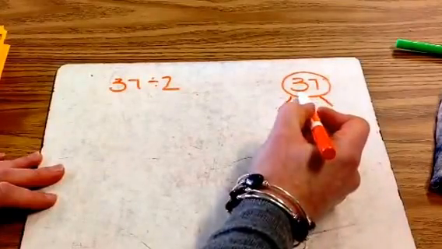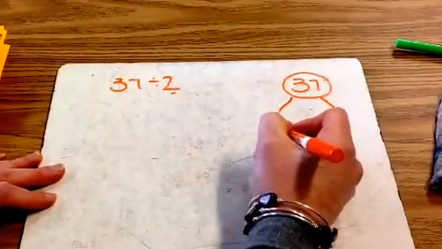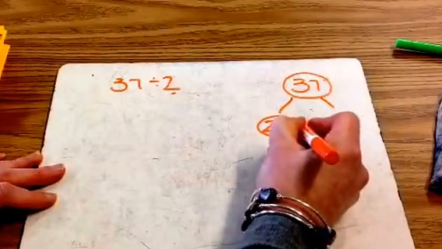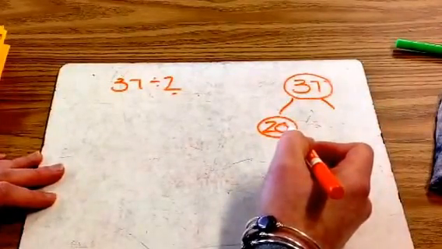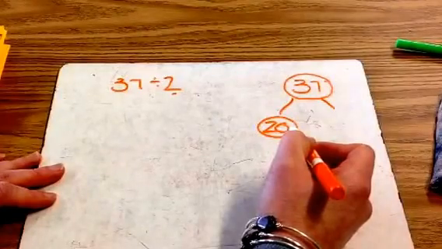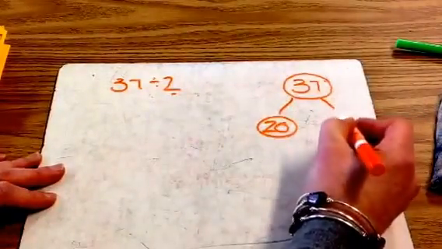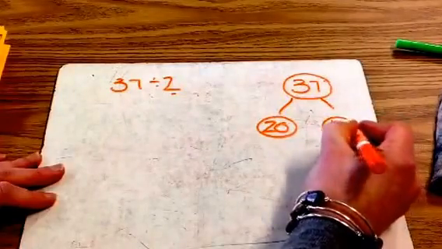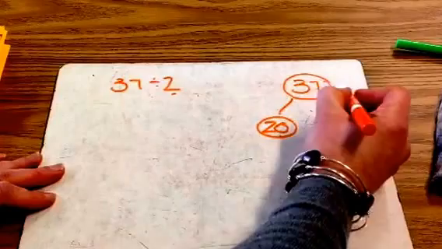Well, as I said, multiplying by 10, looking at your divisor is the easiest way to go. 2 times 10 is 20. What's left? Well, 37 take away 20 is 17. That doesn't work with 2. So I'm actually going to go one step back, which is 16. So I have 20 plus 16, which is 36, with 1 remaining.